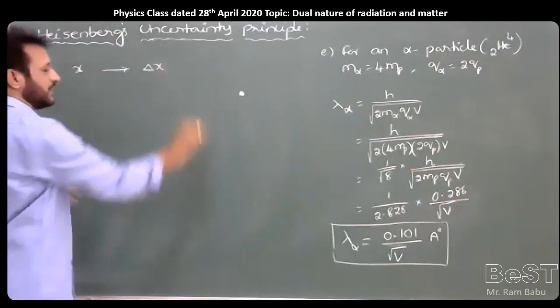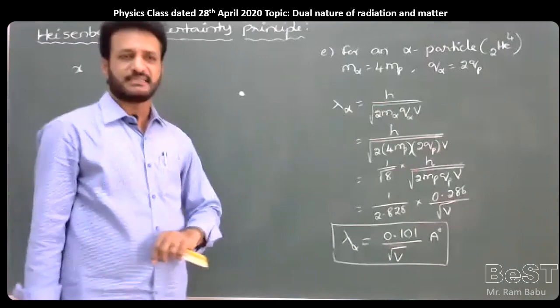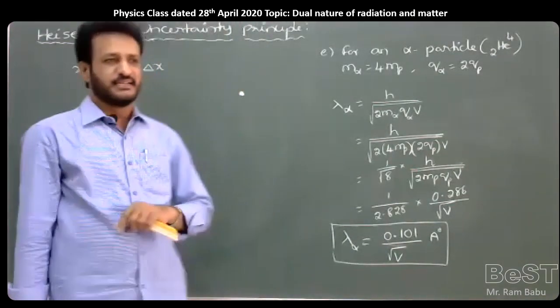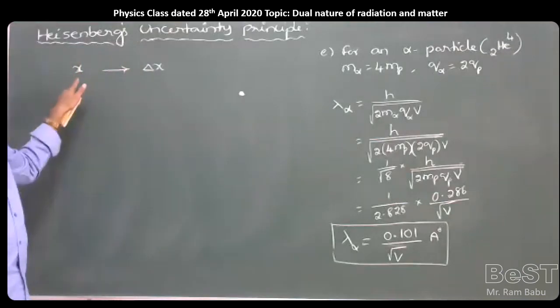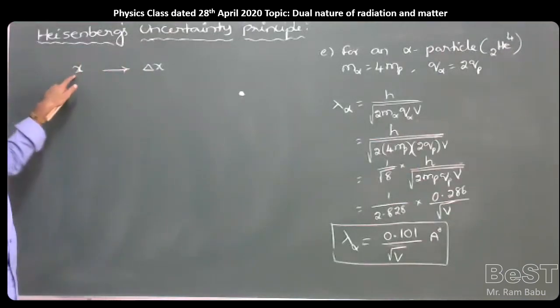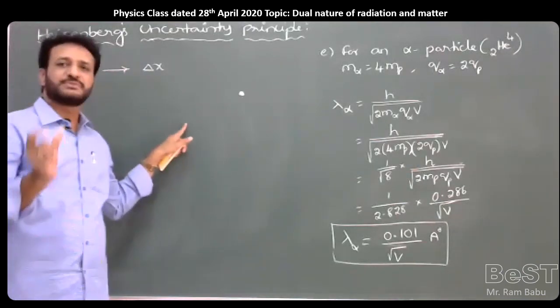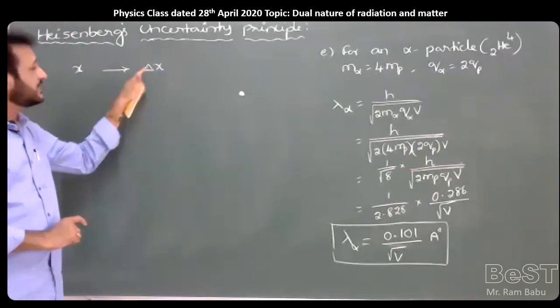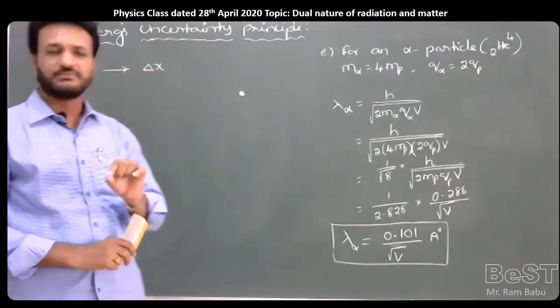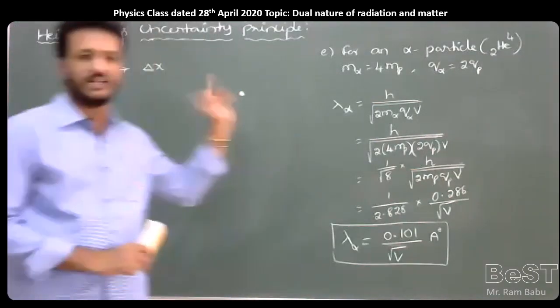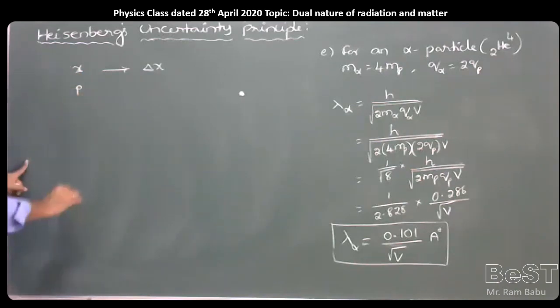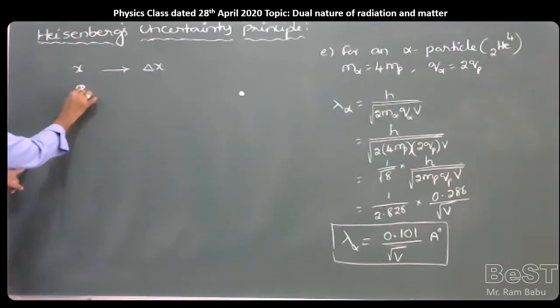In the first year we have the concept of errors and measurements: absolute error, relative error, percentage error. If the position of the particle is x, the absolute error in the position is delta x. Here delta x means the true value minus the measured value. If the momentum of the particle is p, we already know momentum is the product of mass and velocity.